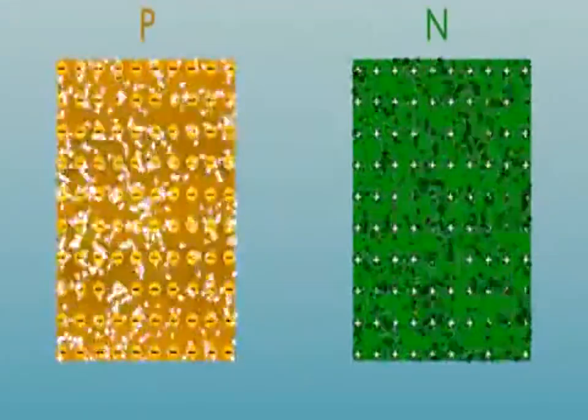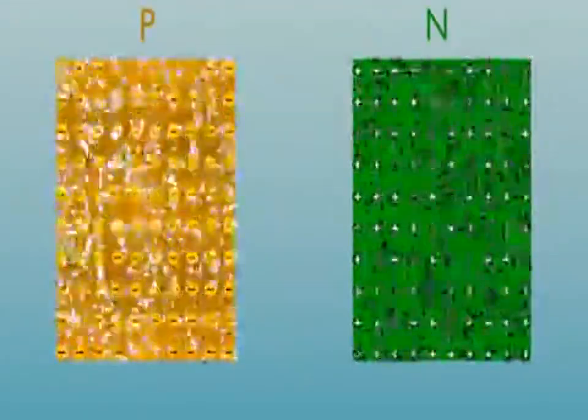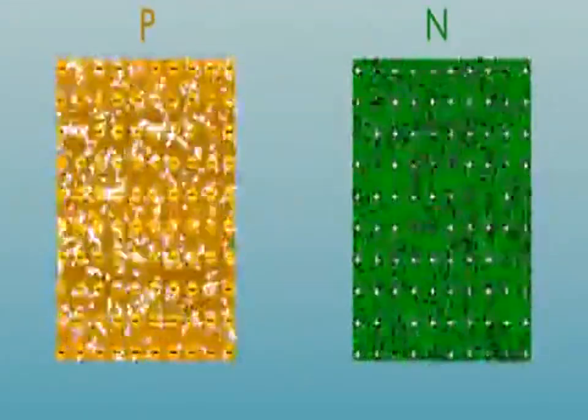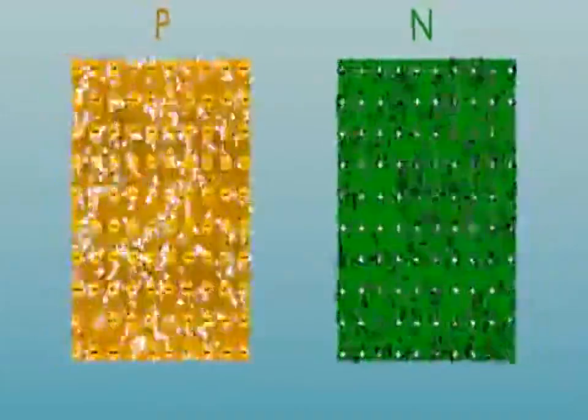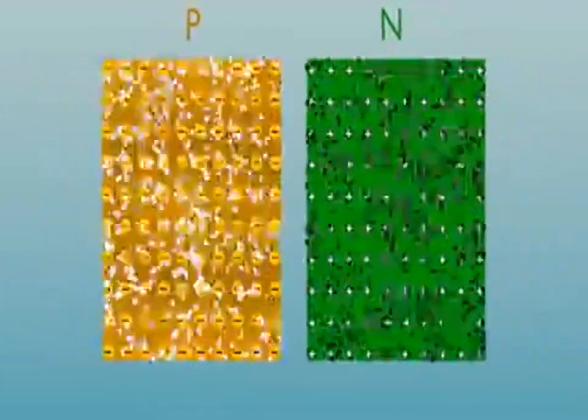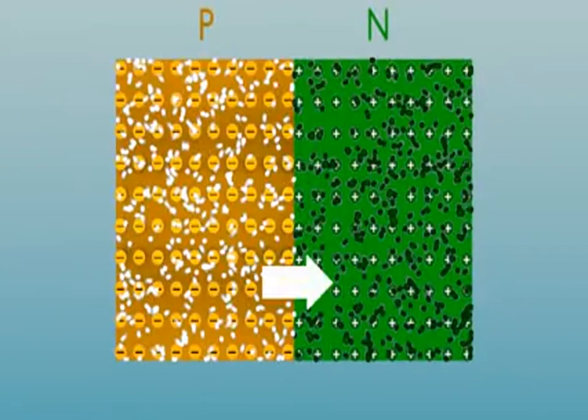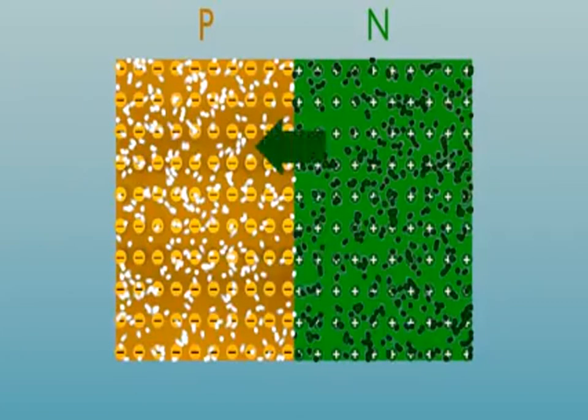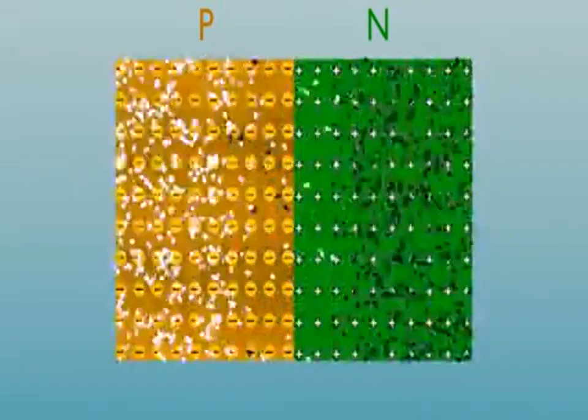To understand how this structure works and what physical processes take place in it, a didactic model is used. The model consists of a p semiconductor perfectly matched to an n semiconductor. The p semiconductor has a much higher hole concentration than the n semiconductor. Therefore, holes from the p region will diffuse into the n region. Similarly, electrons from the n region will diffuse into the p region.